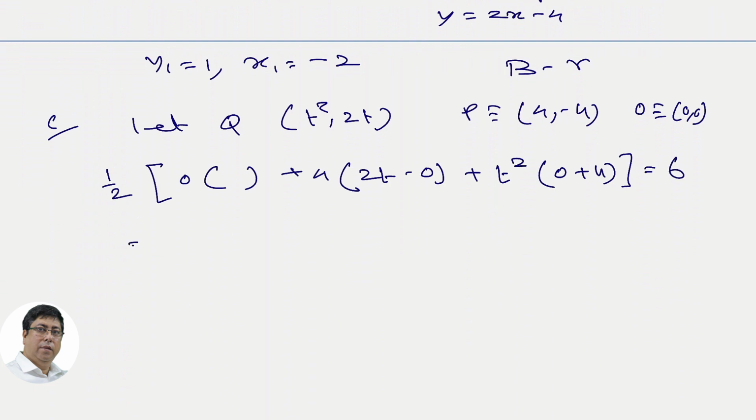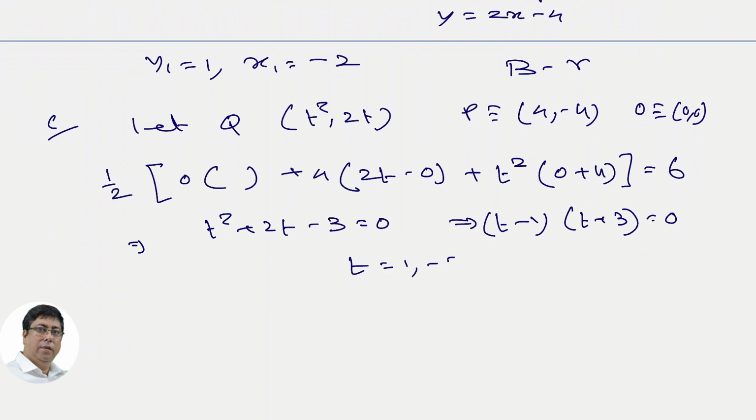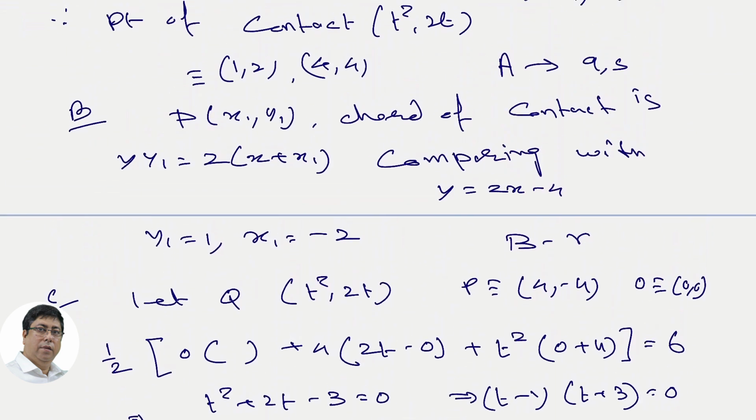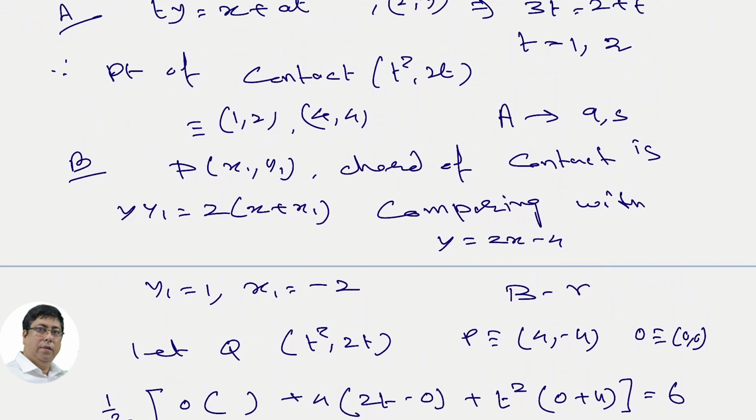Therefore, if we calculate, we are getting t square plus 2t minus 3 equal to 0. Therefore, t minus 1 into t plus 3 equal to 0. Therefore, t equal to 1 or minus 3. Therefore, Q point, if we put the value, t is 1, we are getting t square comma 2t is Q point.